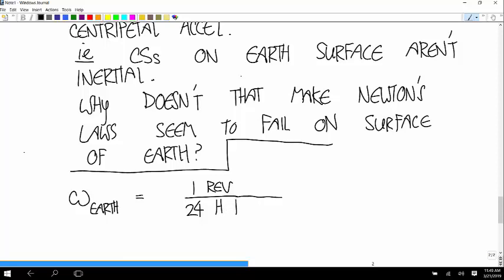And so one revolution is 2 pi radians. 24 hours, I believe that's 86,400 seconds.